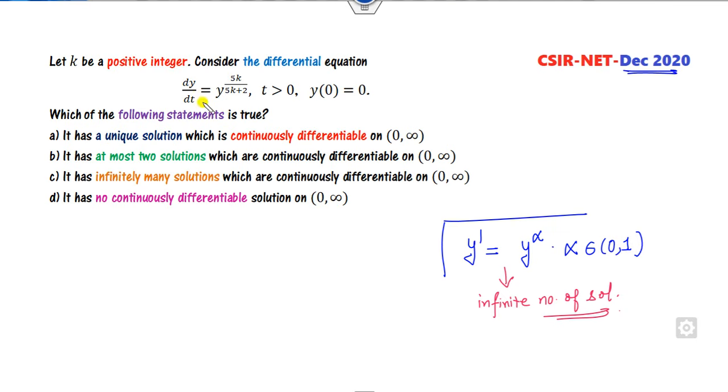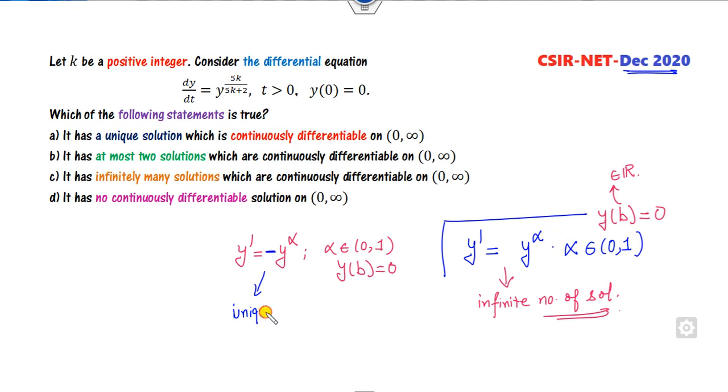Whenever y dash is y raised to power alpha, and one more condition is y of b is 0, where b belongs to the real numbers, then it has infinite number of solutions. On the other hand, if you have the differential equation with alpha belonging to (0,1) and y of b is 0, provided b is a negative number, then it always has a unique solution, and the unique solution is always the trivial one, that is y is equal to 0. That's a simple tip for you in this question.